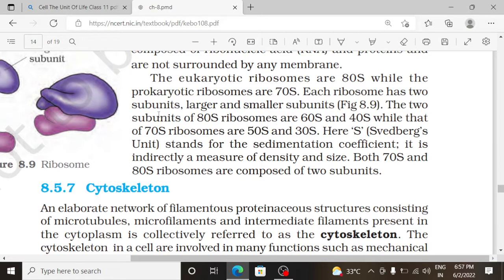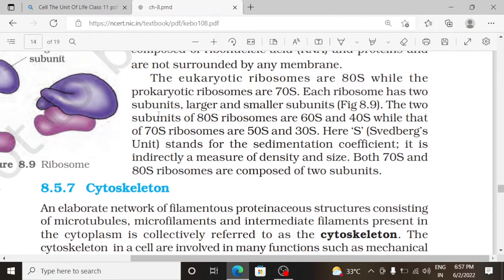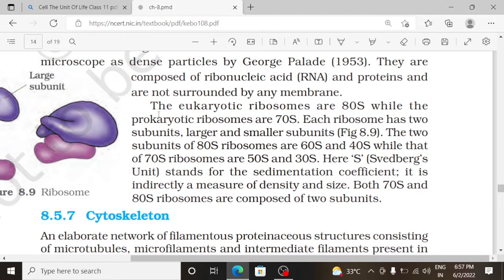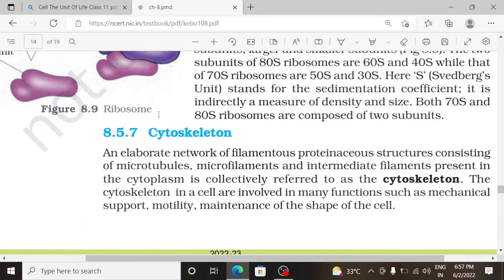The two subunits of 80S ribosomes are 60S and 40S, while that of 70S ribosomes are 50S and 30S. Here S, that is Svedberg's unit, stands for sedimentation coefficient. It is indirectly a measure of density and size. Both 70S and 80S ribosomes are composed of two subunits.